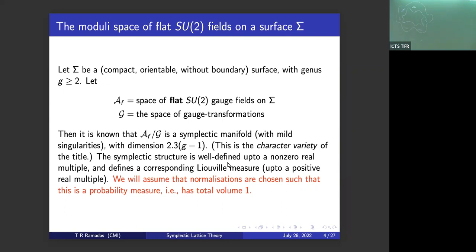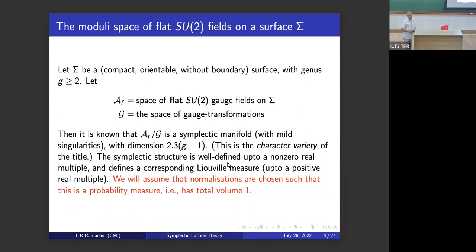We take the space of SU2 gauge fields on this surface, but not all SU2 gauge fields; we want the curvature to vanish. So they're called flat gauge fields. We let the group of SU2 gauge transformations act on this. And when you do this, you get a manifold with some very mild singularities.